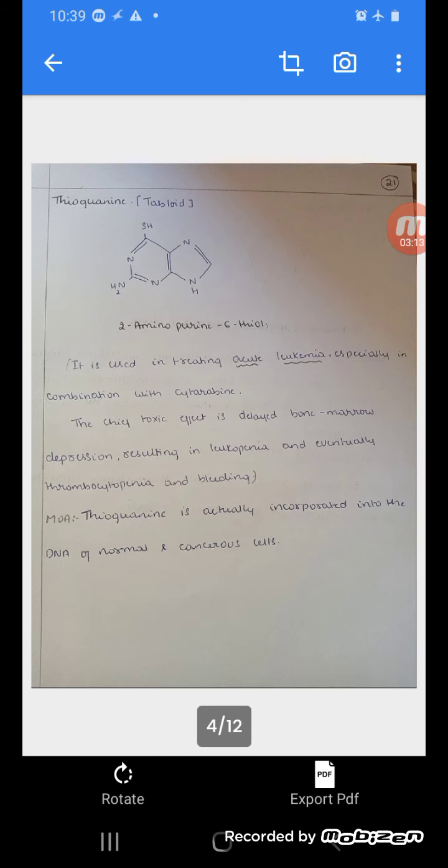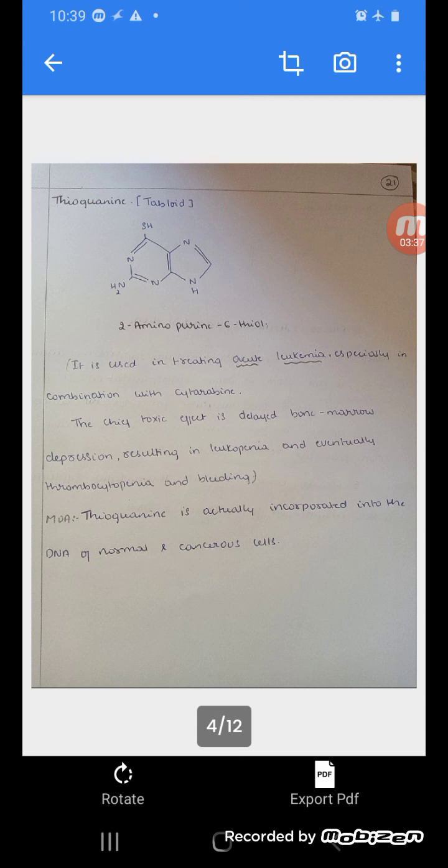Coming to thioguanine, it is used in treating acute leukemia in combination with citarabine. Coming to toxic effects, it causes delayed bone marrow depression, which results in leukopenia, thrombocytopenia and bleeding.